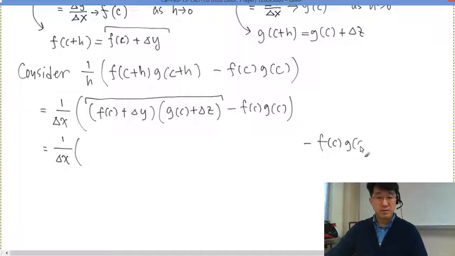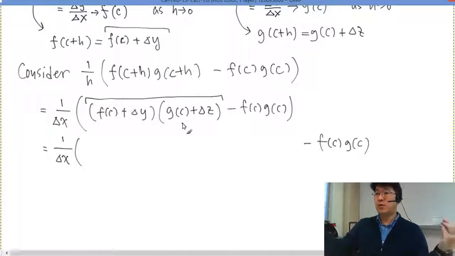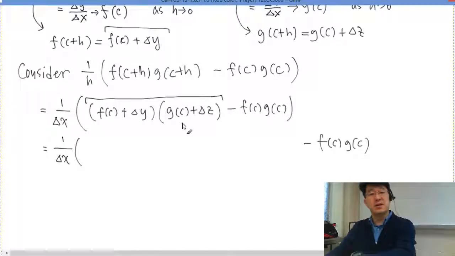There are two terms and two terms. If you multiply out, you're supposed to get four terms, right? Product of one term, another product of one term, two things multiplied, and the third term a product of two terms, fourth term a product of two terms. So you have four things added together, and one more thing out there, f of c g of c.